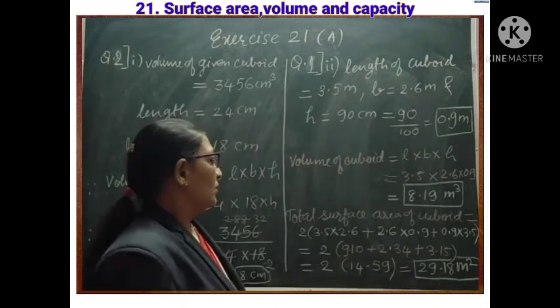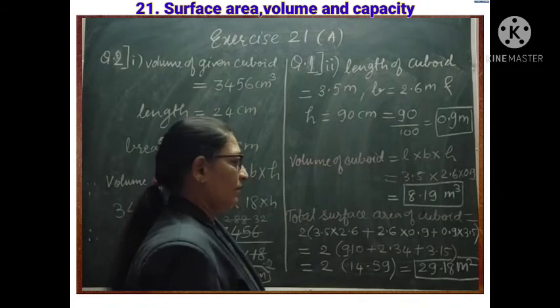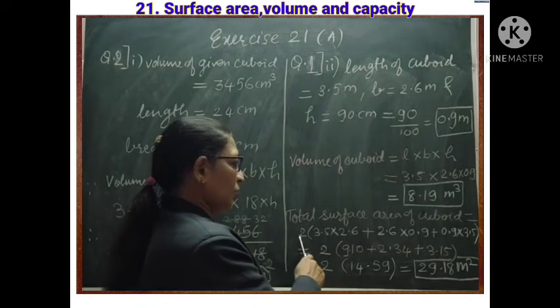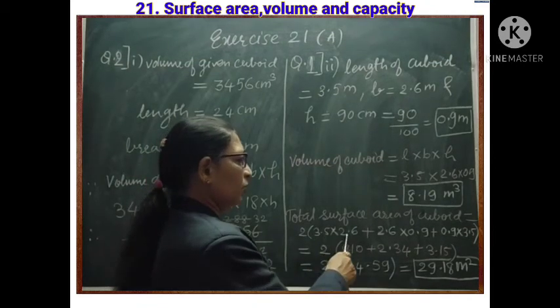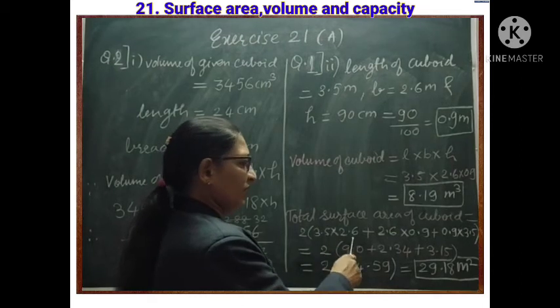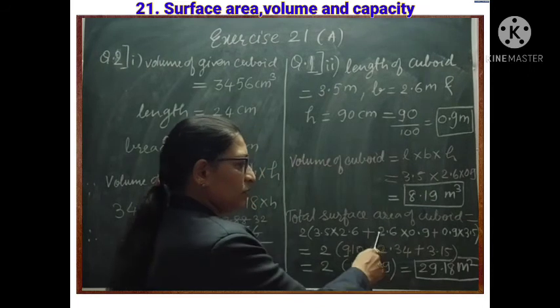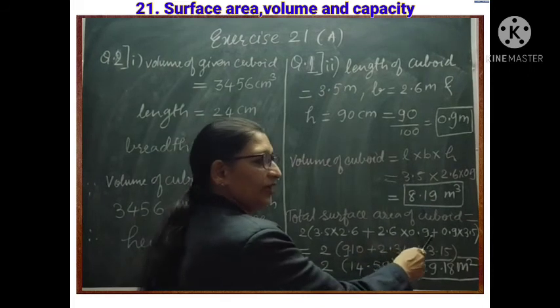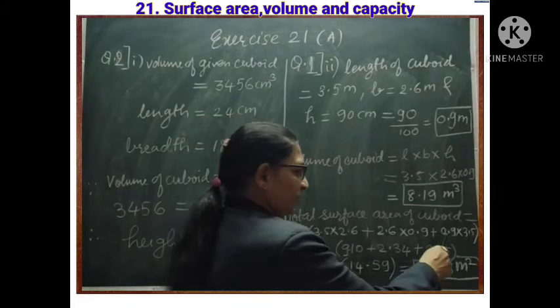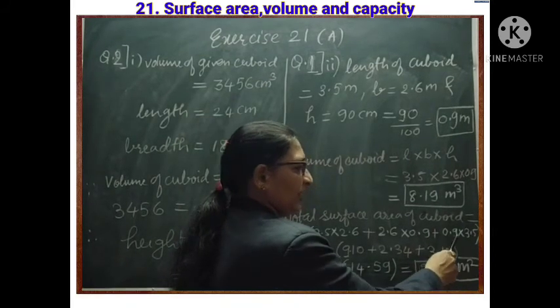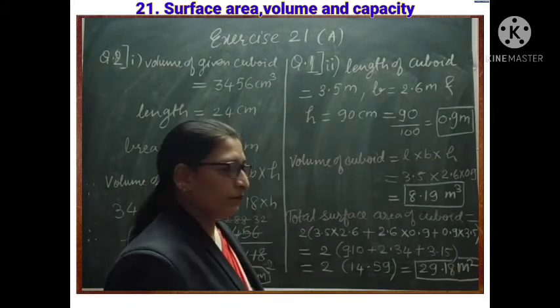Let us find its total surface area, that is 2 into length into breadth, 3.5 into 2.6, plus breadth into height, 2.6 into 0.9, plus height into length, 0.9 into 3.5.